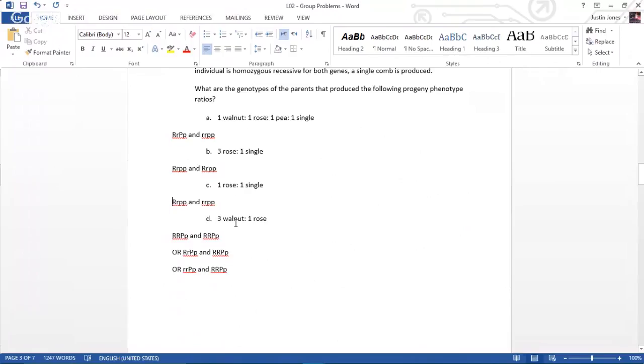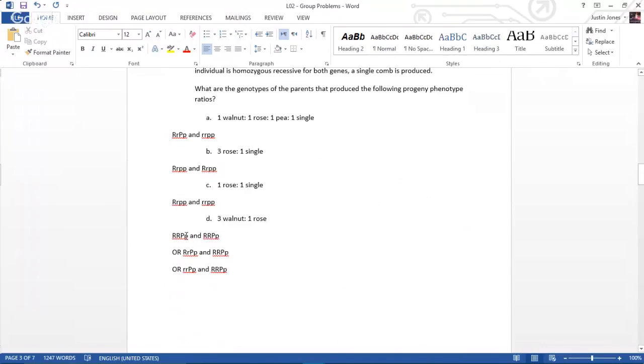For this one, the 3 walnut and 1 rose, I found a little bit more options. So we know that regardless, there has to be at least one parent with double dominant alleles to pass on that R, because the R has to be there.